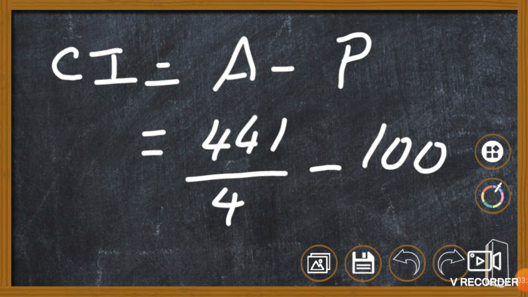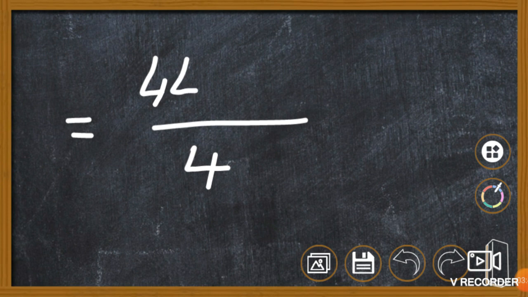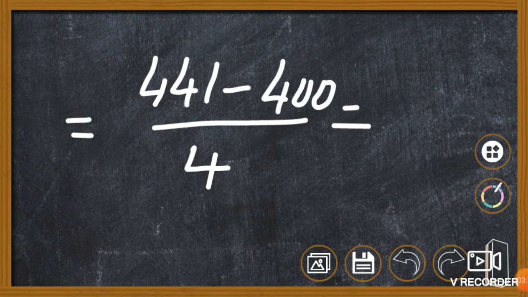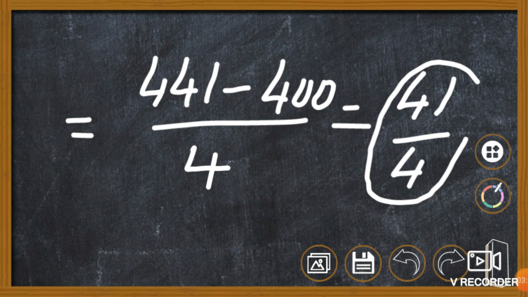Amount is calculated as 441 by 4. Take the LCM in the next step. 4 will be the LCM, and in the numerator it is 441 minus 400. It results as 41 by 4. Mark it as result number 2, which is the compound interest.